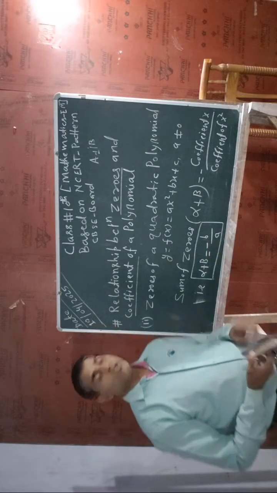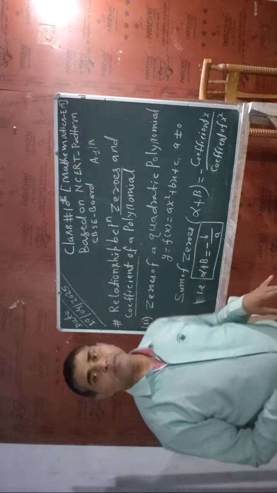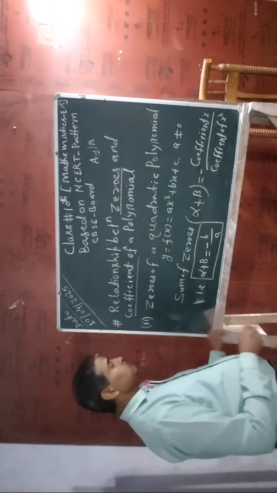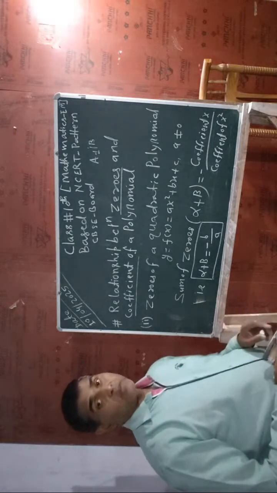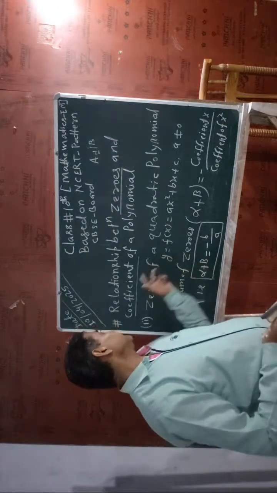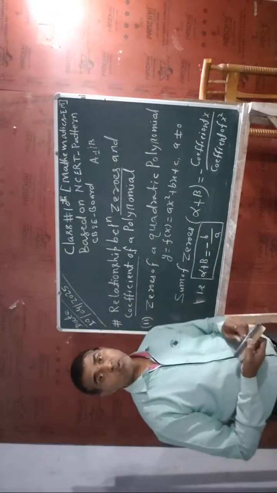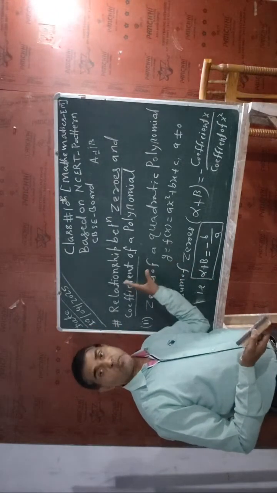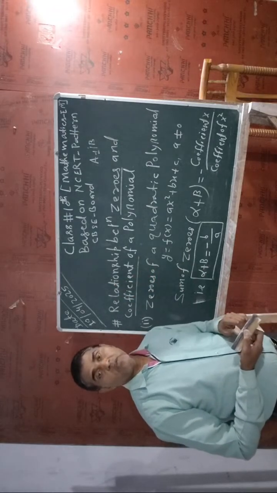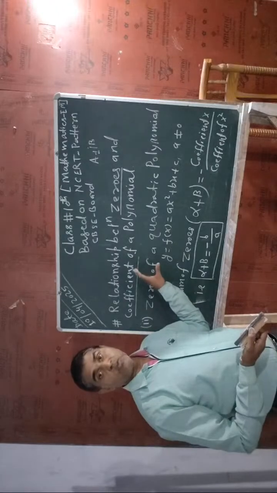So you write this concept on your copy. Whichever concept I am explaining and writing on the blackboard, you properly write this data on your copy for developing a good concept.